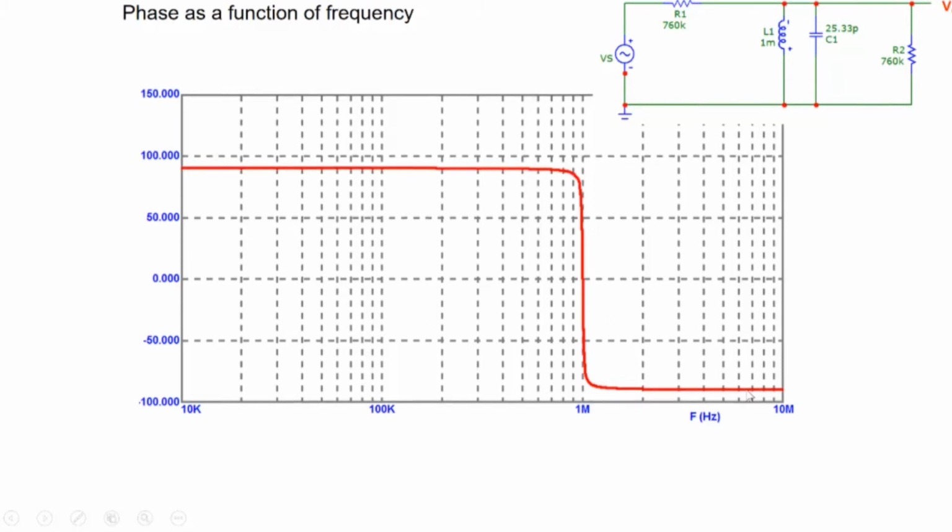So capacitance tends to dominate at higher frequencies, which we can see from here. It's a parallel combination of L and C. At low frequencies, the impedance of an inductor, omega L, is small, and the impedance of the capacitor, 1 over omega C, is large. And so they are in parallel, so the inductor dominates.